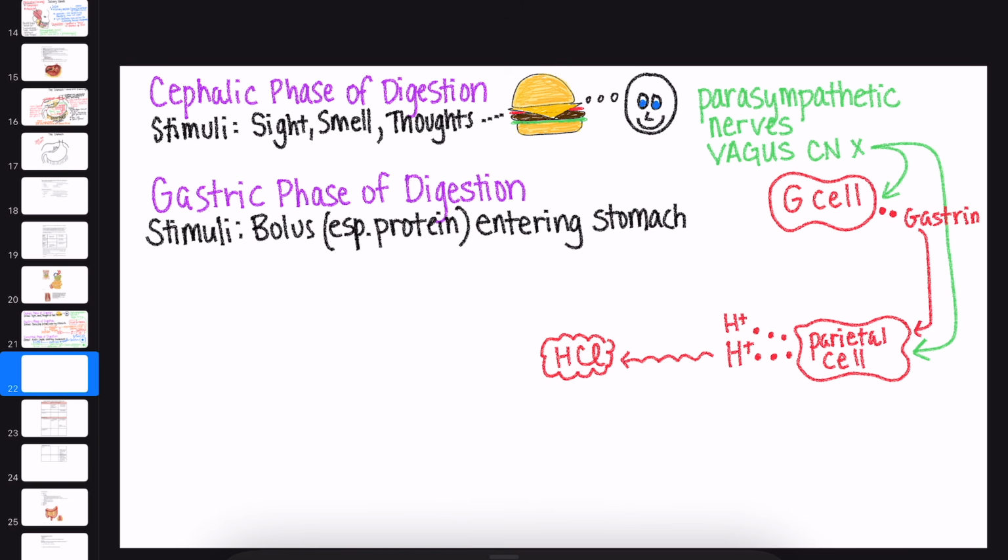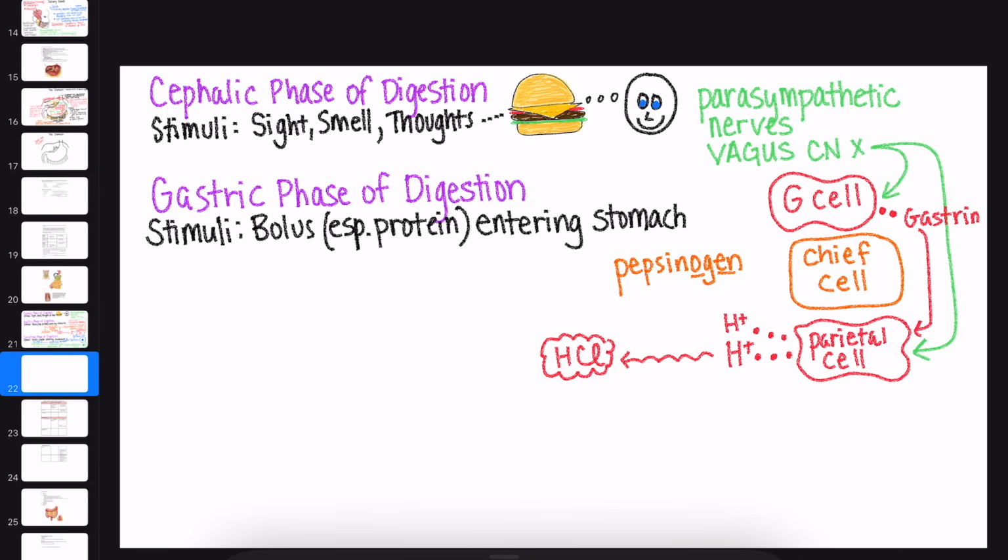There's another kind of cell lining the stomach wall called a chief cell. And this chief cell is going to release an inactive precursor to an enzyme that's called pepsinogen. Pepsinogen.